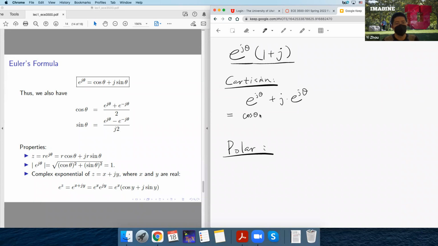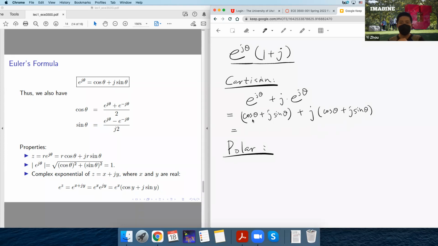And then everything is in a kind of Cartesian form. And then just do the calculations and rearrange all the terms.